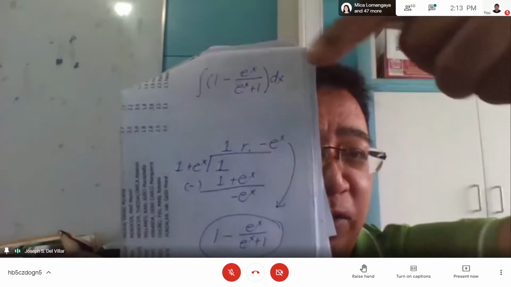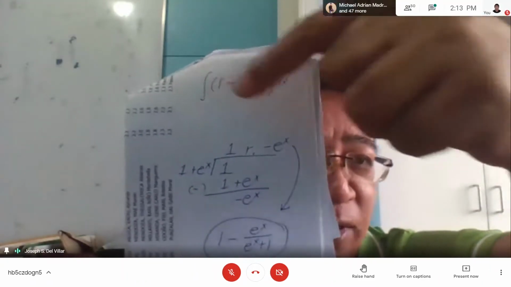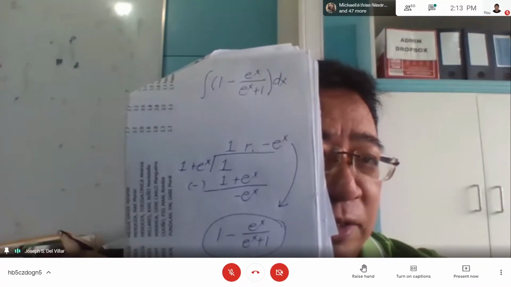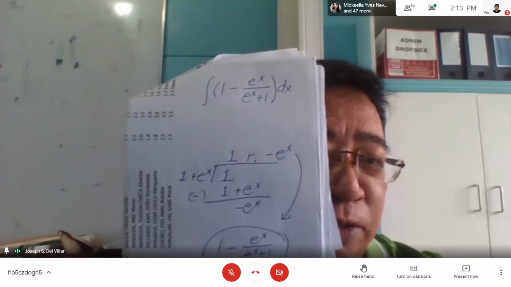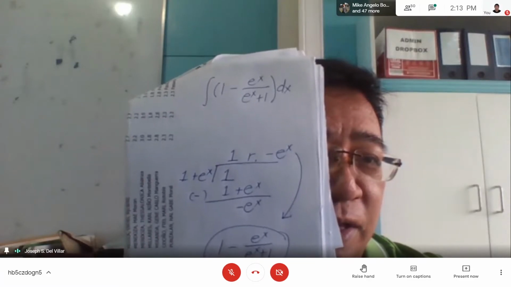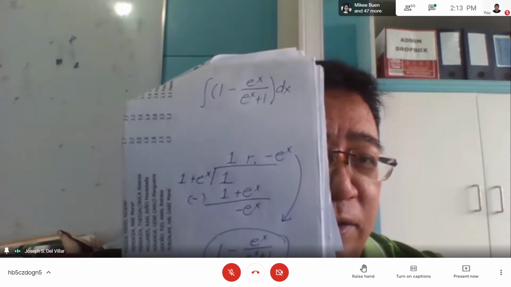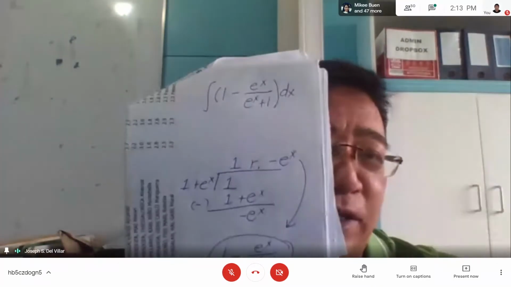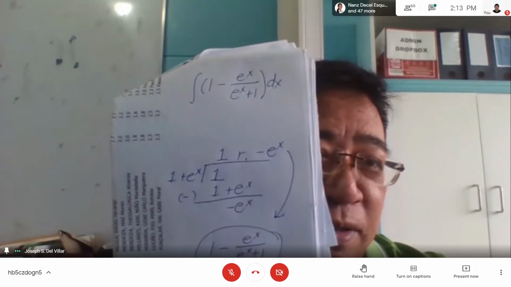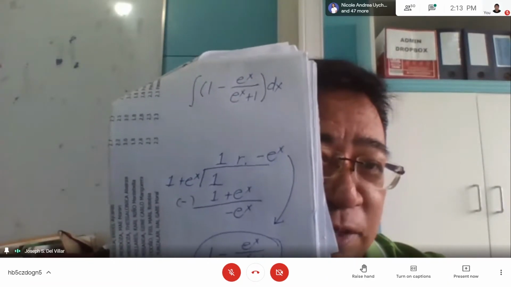So it happens that this is the quotient and this is the remainder. So we now integrate one at a time, by distributing dx to each of the terms inside the parentheses. So the integral of dx is x, minus, because there is a negative there, so take it out. Minus the integral of e to the x dx all over e to the x plus 1.